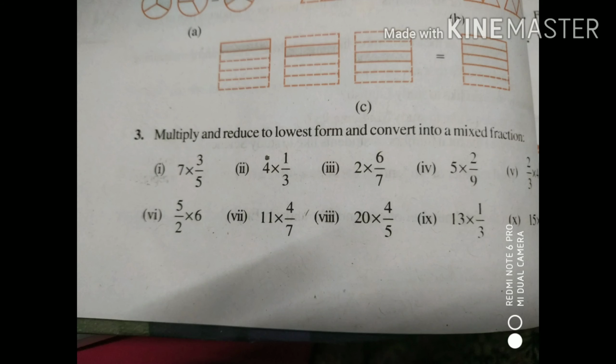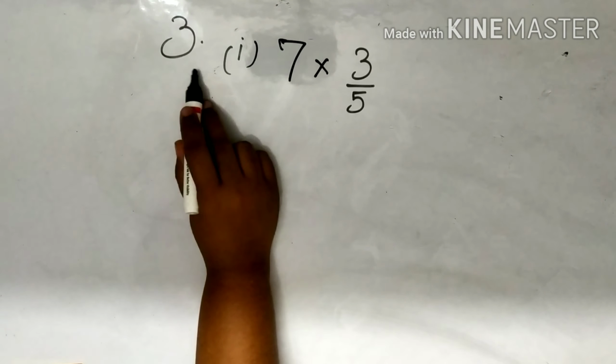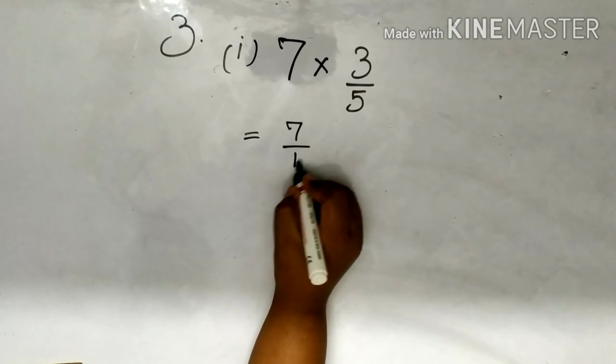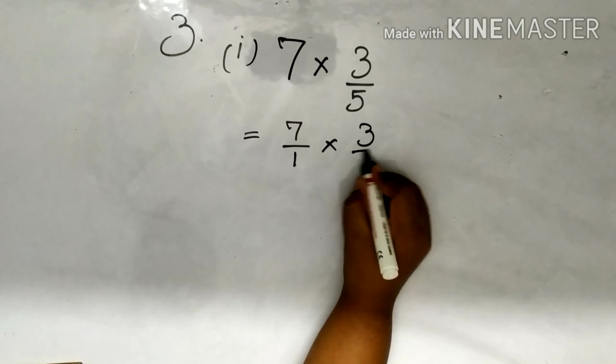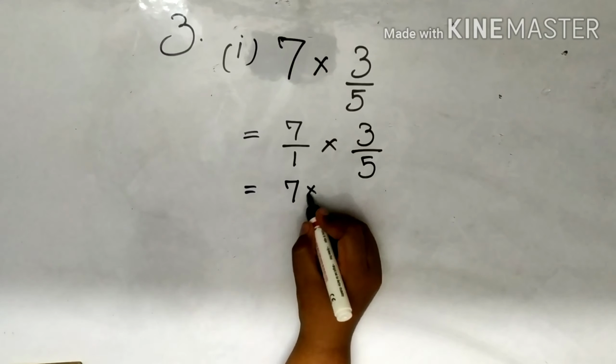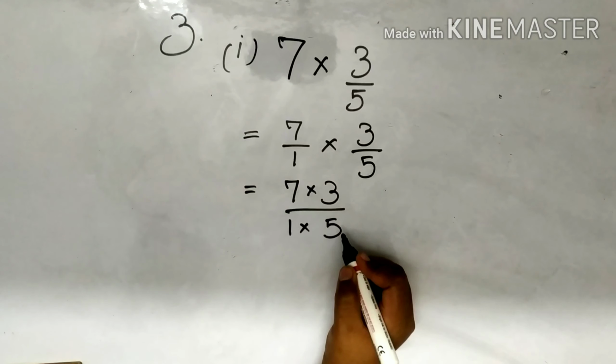Let's now move to the third question, which says multiply and reduce to the lowest form and convert into a mixed fraction. This is the first part of the third question. The first step will be to write it like this, and then multiply the numerators, multiply the denominators.